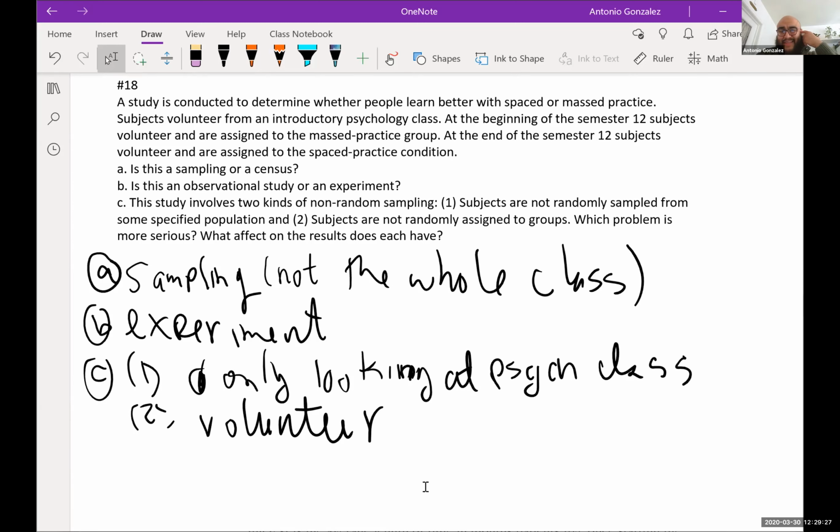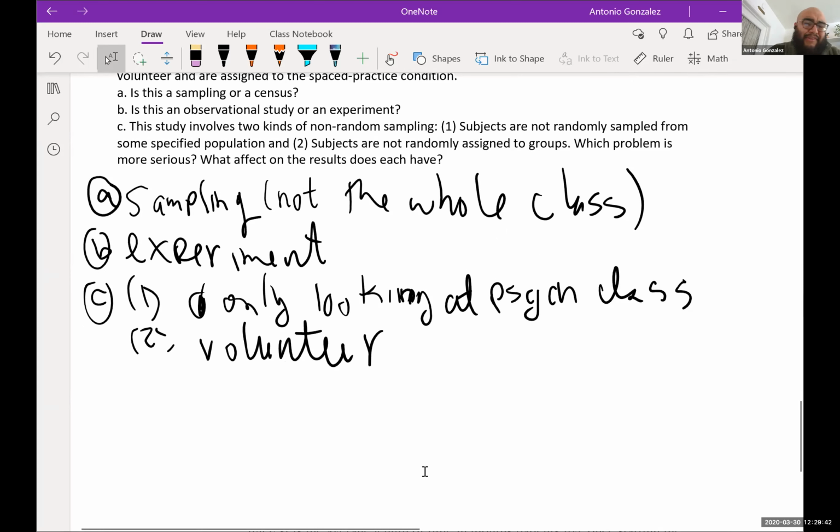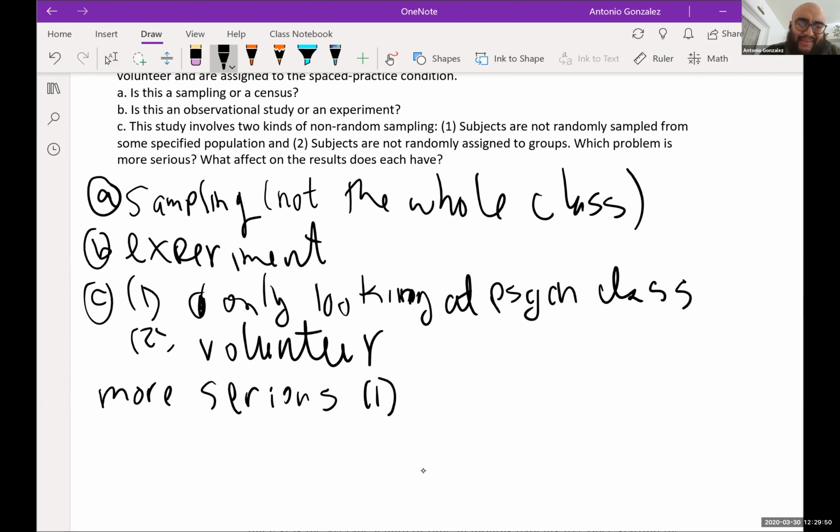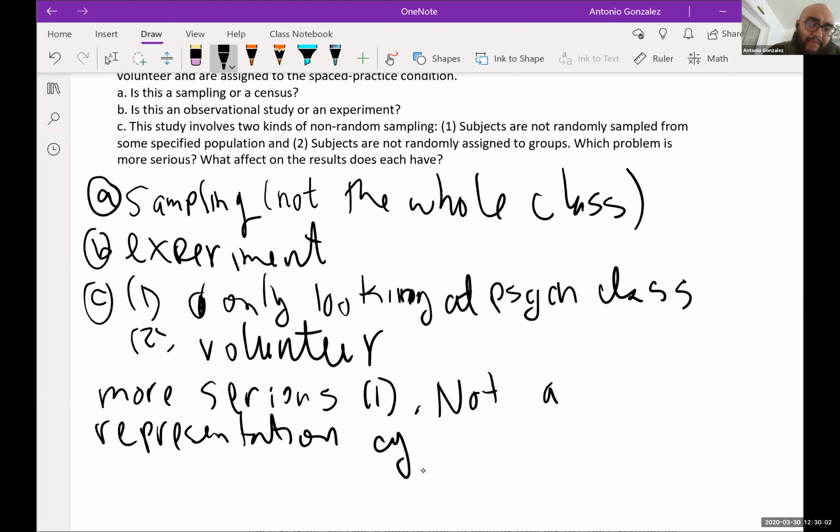From an introductory psych class, I would say the more serious would be one, and really just because it's not a representation of the whole population, whatever that population may be.